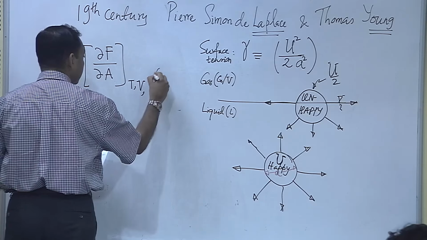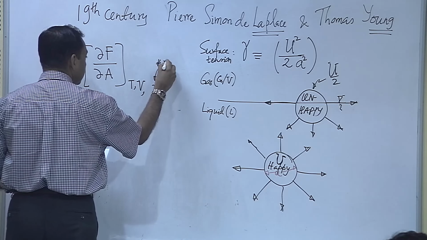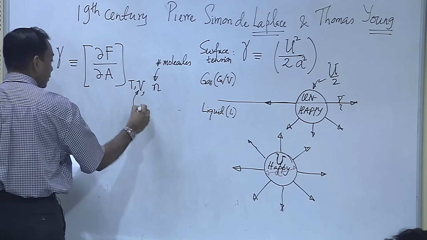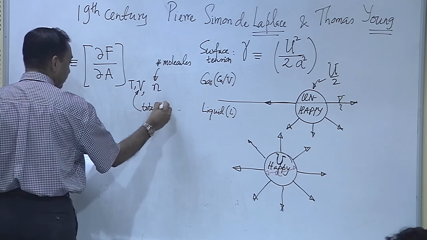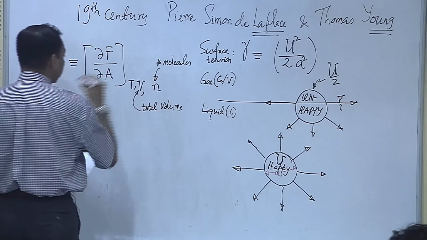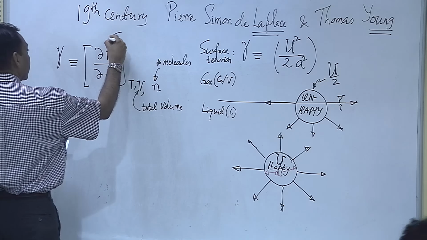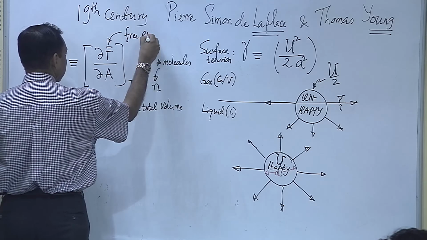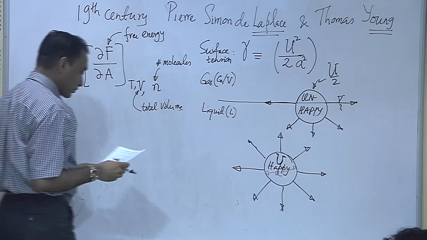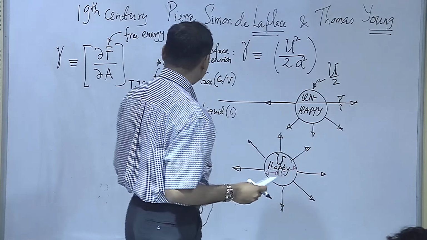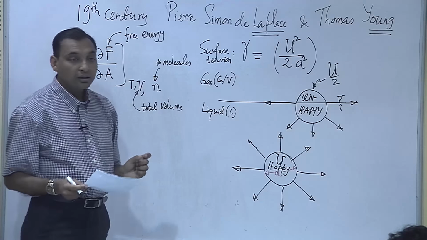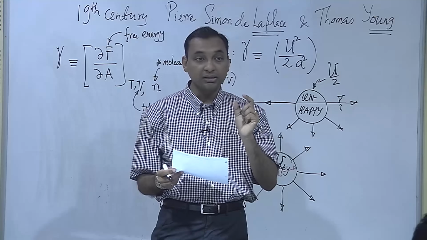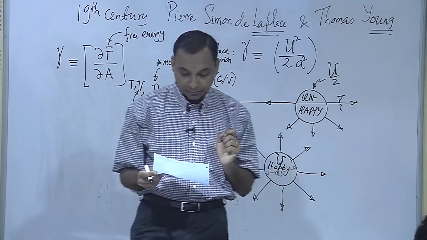So N is the number of molecules, V is the total volume, T of course is temperature, and F is the internal or the free energy at the interface. Okay. So whenever there is an increase in area, that can be associated with the surface tension.